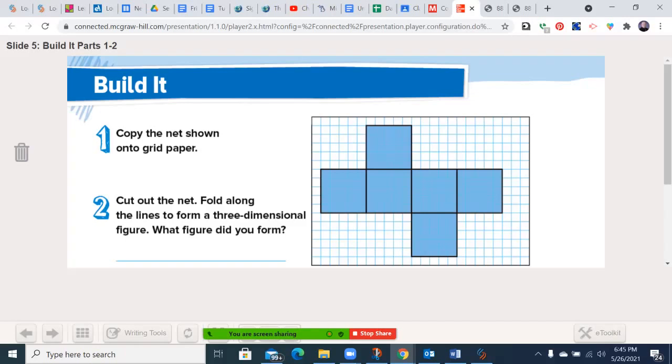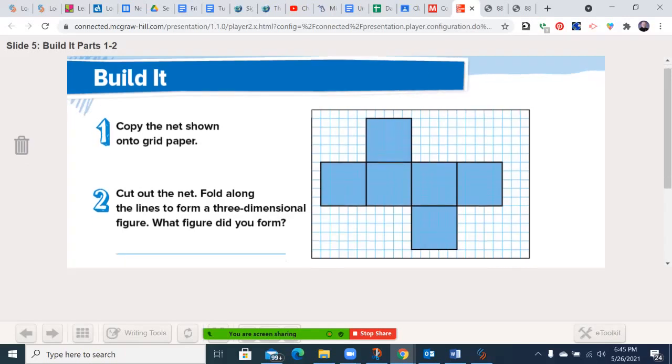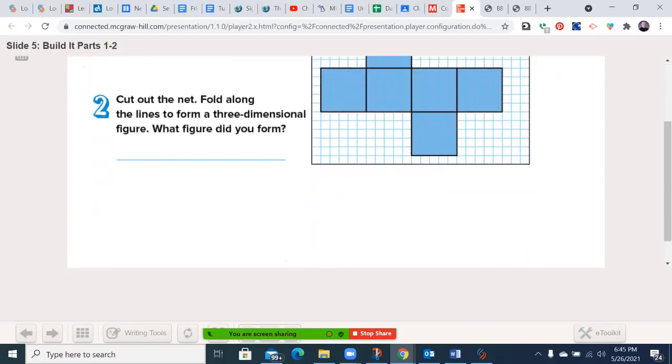So you might have two that are the same, and then these ones might be a little bit longer, as is traditional with a Kleenex box. The two sides on the ends could very well be squares, and then the rectangles are longer. And yes, a cube is a particular type of rectangular prism.